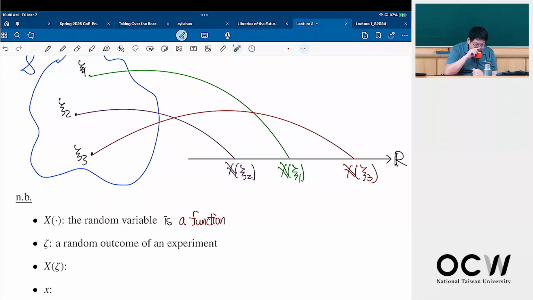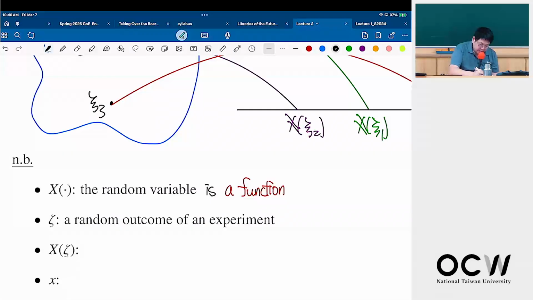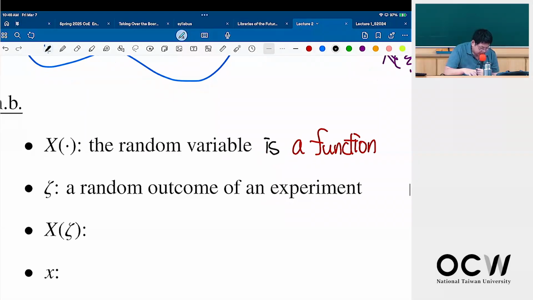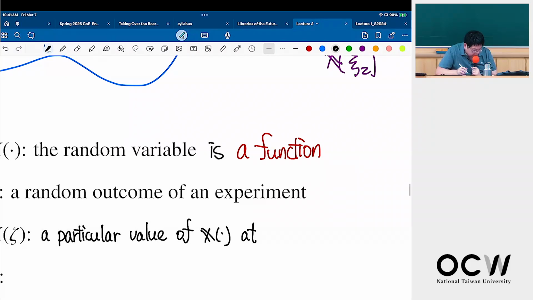X of C will be a particular value, the value of X at a given outcome.